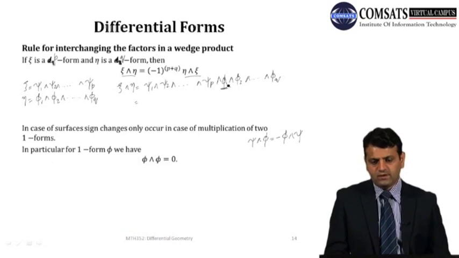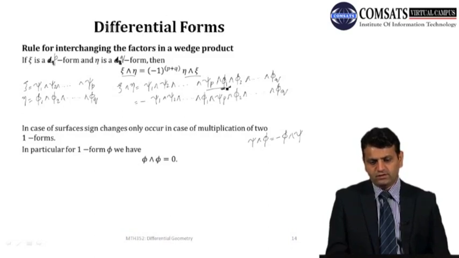If I replace the position of this phi 1, it becomes minus psi 1, psi 2, and so on, wedge phi 1, wedge psi p, wedge phi 2, up to phi q. So I swapped the positions of these two and I get a minus sign in the beginning.